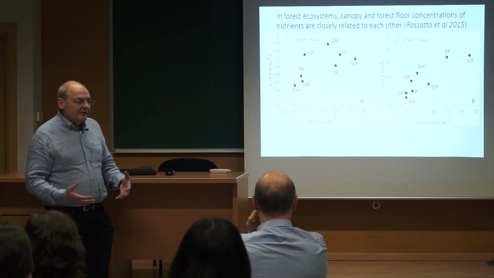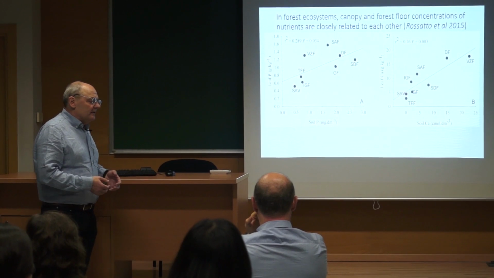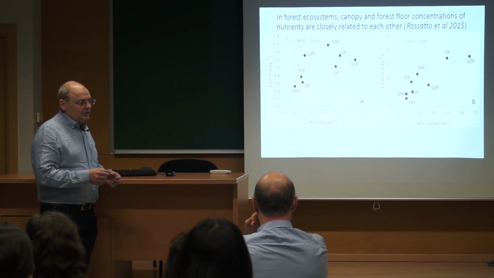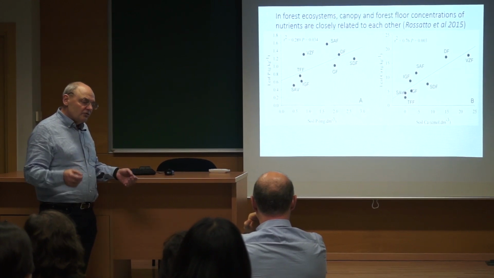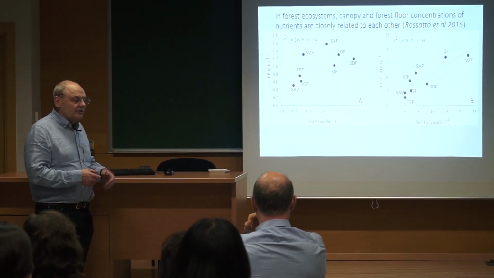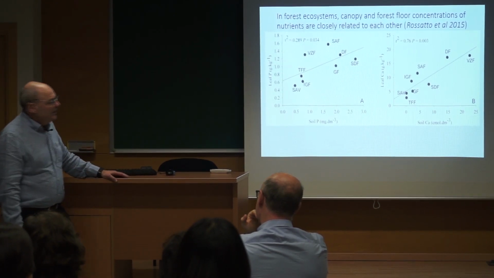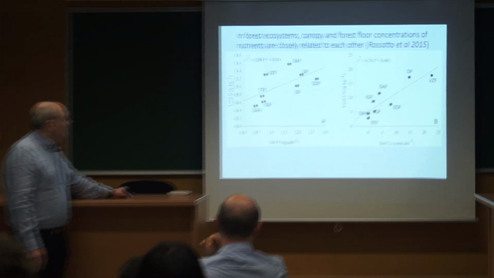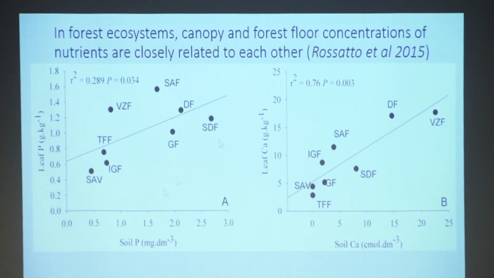Now, because of this fast recycling of nutrients in forest floor, we're finding a good correlation between chemical composition of forest floor, at least basic or important nutrients, and the chemical composition of foliage. Here you can see this relationship for different types of ecosystem from the work of Rosato et al.